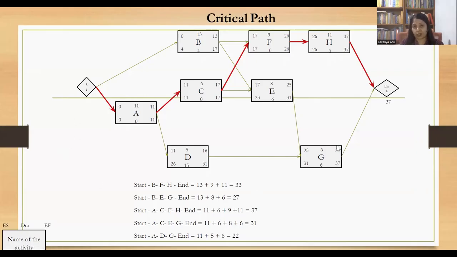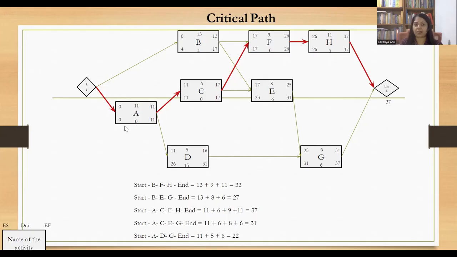From start to end, for this particular project, we have identified 5 different paths. For example, all the way from start to end: start, B, F, H, end. The second path is start, B, because the arrow goes to E, so there's another path here: E, G, end.